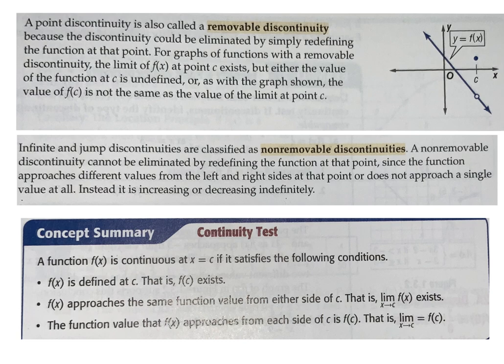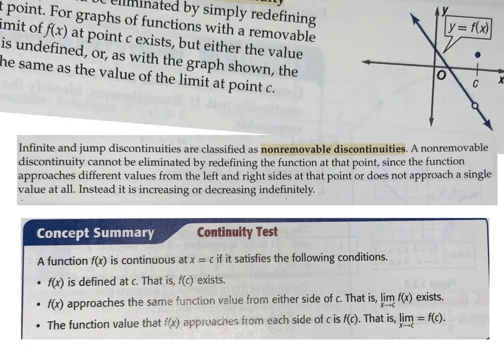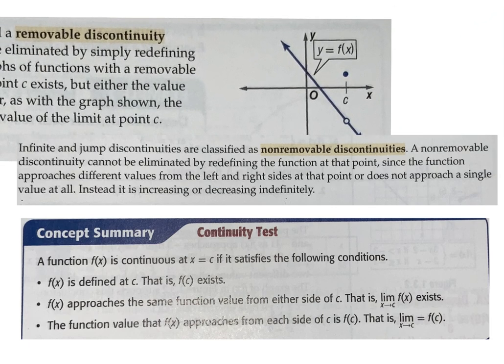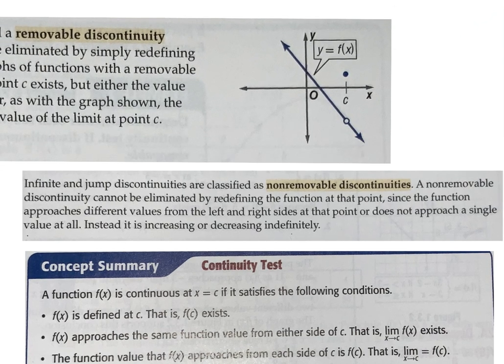When would this not work? Well, let's look up here at this example at the very top right here. All right. So first, this particular function, do we have a definition at C? Do we have a y value at C? Yes or no? Is there a y value at C? Yeah, it's right here. See that point? So if I plug C into this particular function, I'm going to get this point.